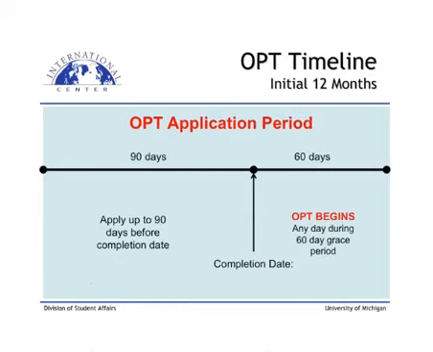Let's take a closer look at the OPT application period. Remember, your completion date is the last day of the last term that you are enrolled full-time in courses required for your degree program. You can apply up to 90 days before this completion date and up to 60 days after.